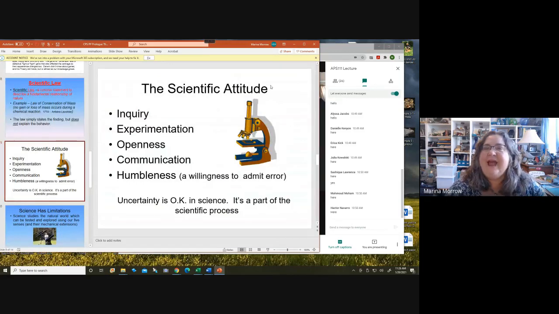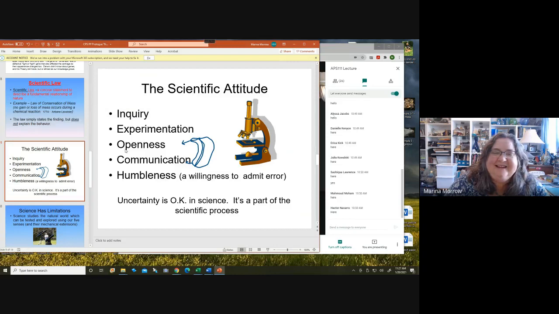Having the right attitude is really important to science. The idea is that you should be curious, of course. You should do experiments. And then there's openness and communication, because that's one of the biggest things about science, that we share that knowledge. We're open and we communicate.